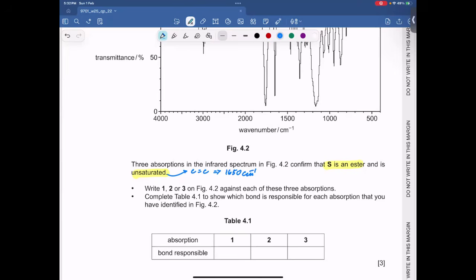Write 1, 2, or 3 on figure 4.2 against each of these 3 absorptions. Since the ester has this type of functional group, it has a carbonyl peak, which normally appears between 1700 and 1720 centimeter inverse. This ester functional group has a C-O bond, in which the peak appears at 1100 to 1200 centimeter inverse, according to my lecture.